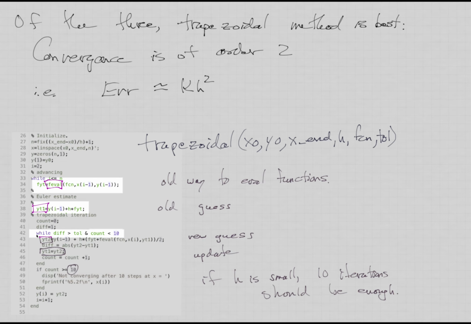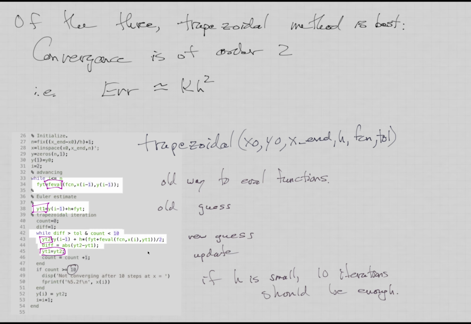And then he iterates it each time, right? So now the new estimate is going to be equal to, again, the previous y value plus h times the value of the slope at the previous point and the value of f at the new point, averaged, divided by 2, right? And then he calculates the new difference, the difference between successive values of the approximation.